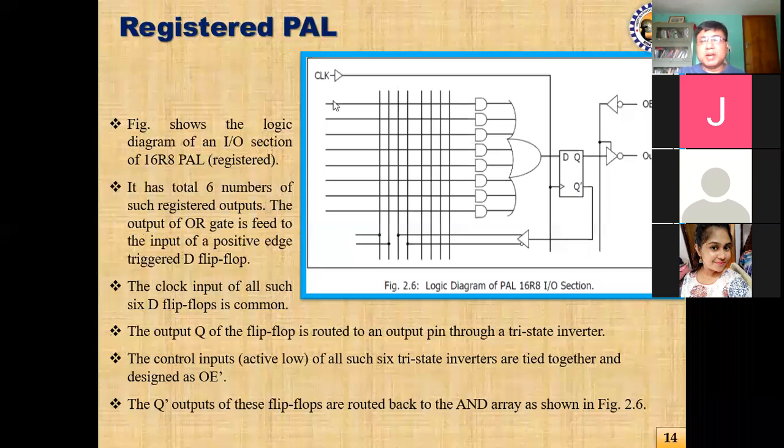Compared with the previous PAL, the output was directly going to this tri-state NOT gate, and this flip-flop was not there. So the difference between a registered PAL and an ordinary PAL is the presence of this flip-flop.